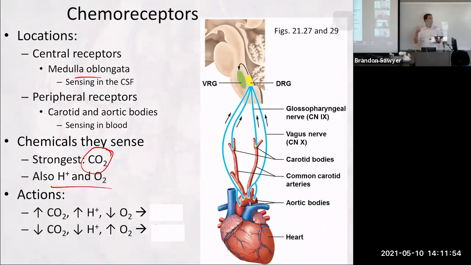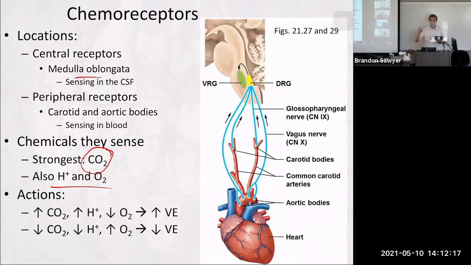So more CO2, more hydrogen, and less oxygen, all those things are going to cause us to breathe more. But if we go the opposite way, less CO2, less hydrogen, or more oxygen, then we need to breathe less because we don't have a buildup of byproducts of metabolism, and we've got excess oxygen around.